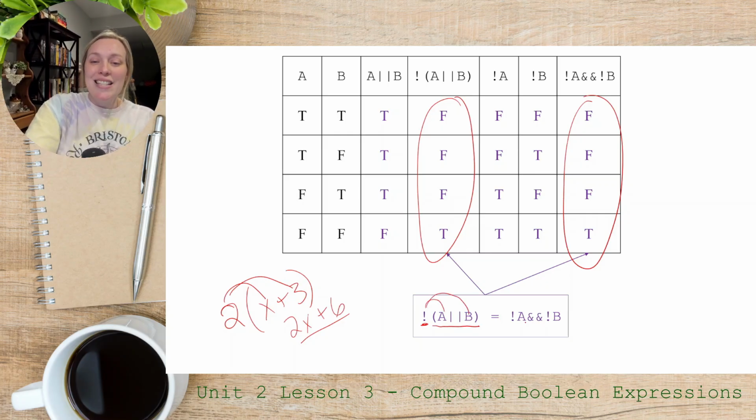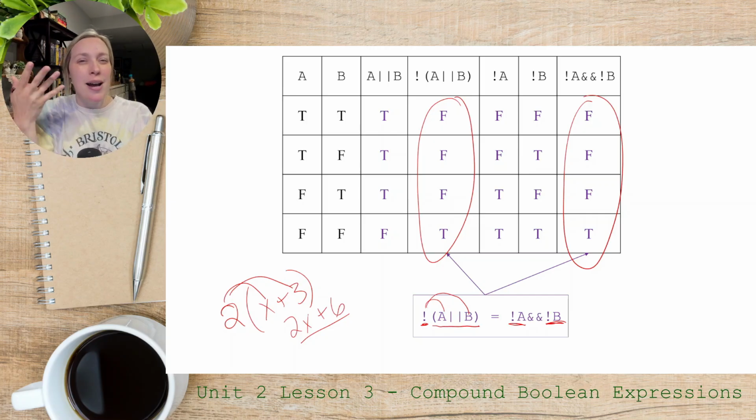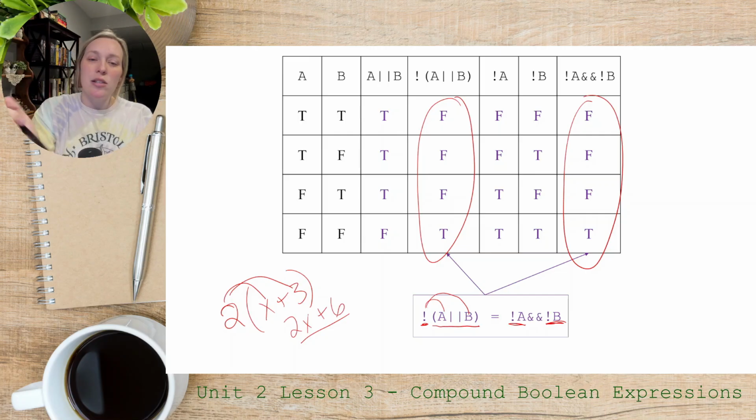Okay, and that's sort of visually what we're doing. We're not quite doing that logically, okay? So just think of distribute as a visual sense, not as an actual sense, and you'll see that come up. But you give that negation to each of these, and then you switch the Boolean operator, okay?